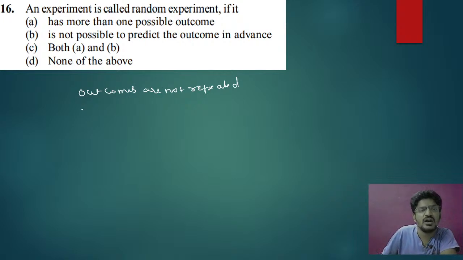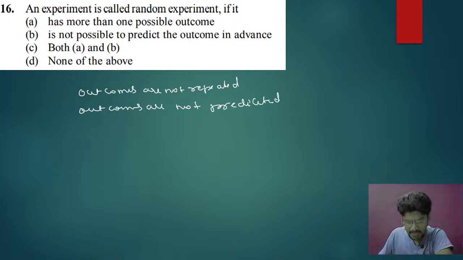And one more thing, outcomes are not predicted. So outcomes not being predicted also means it is a random experiment. Also, the outcomes not being repeated is a random experiment.